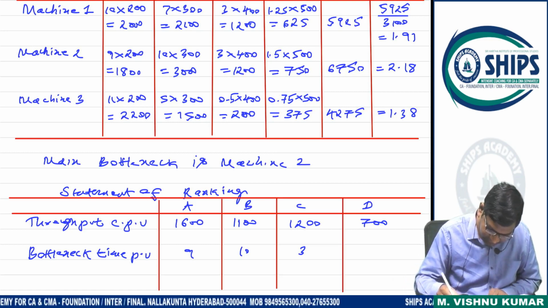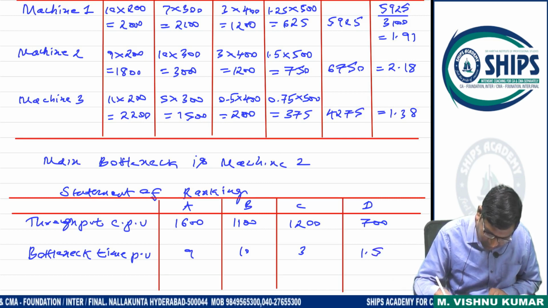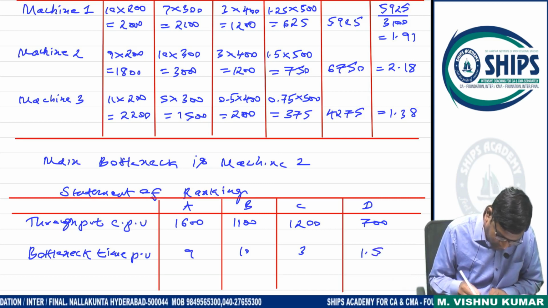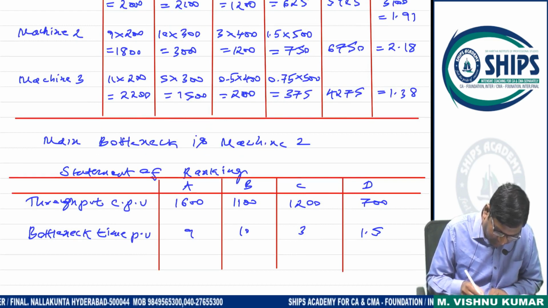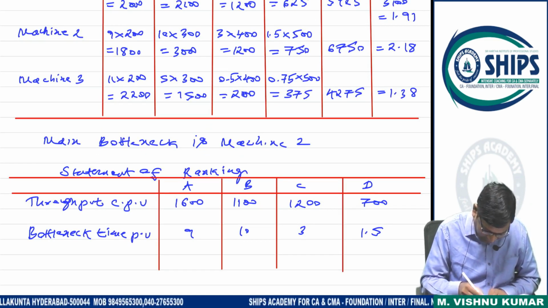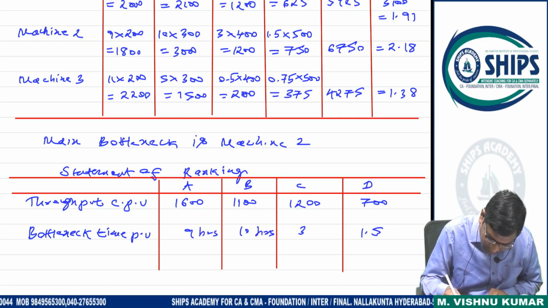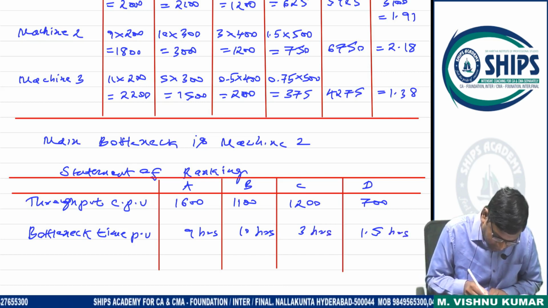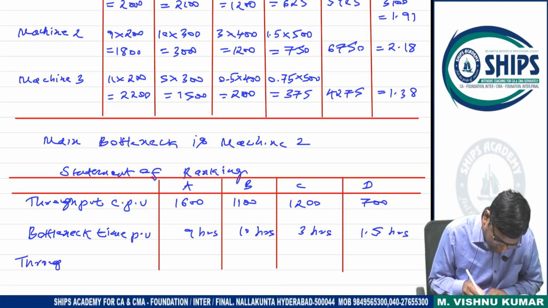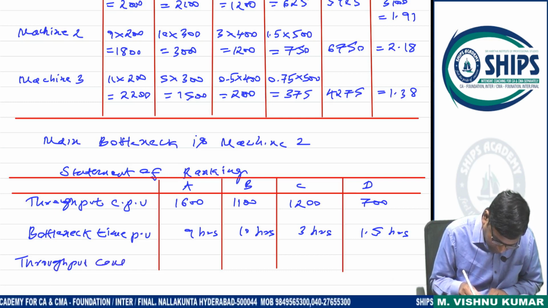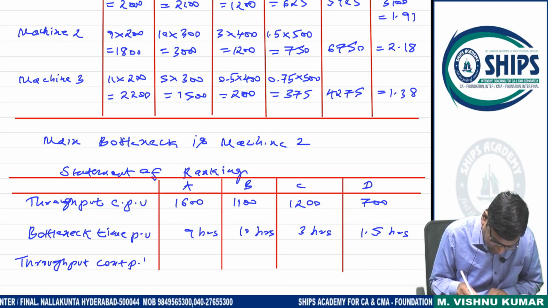Now we are calculating the throughput per bottleneck time required per unit in hours. Now throughput contribution per hour.